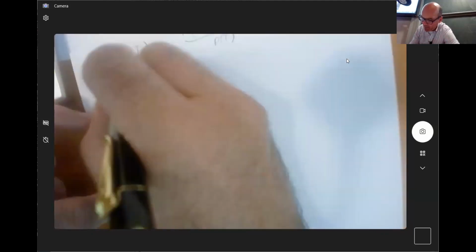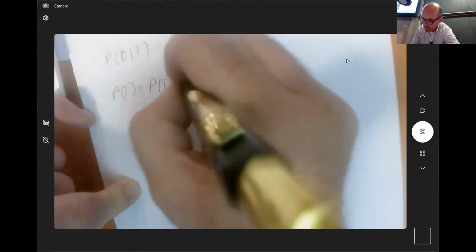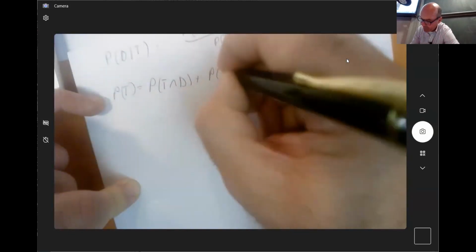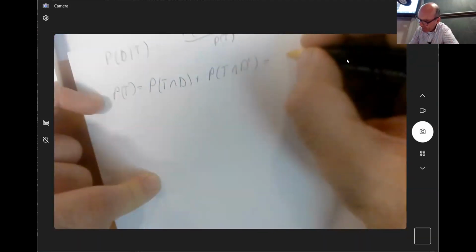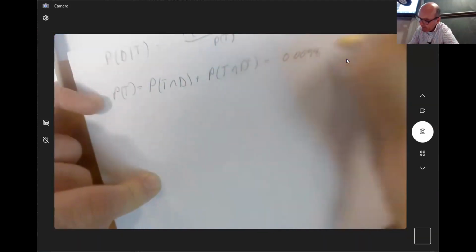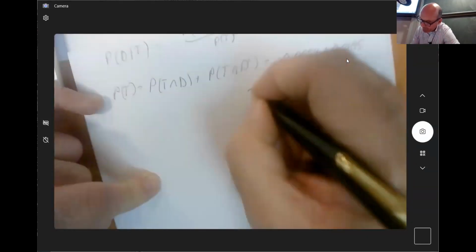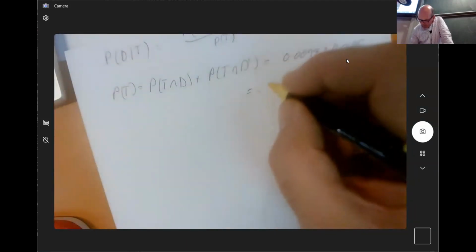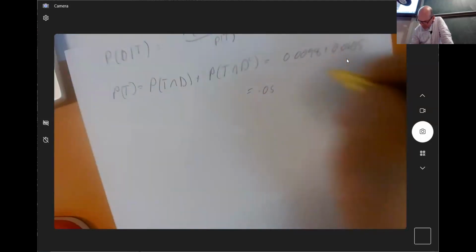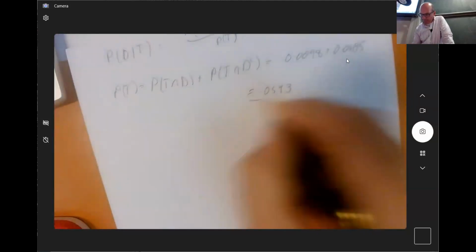When I add those two probabilities up, my probability of T is going to be the probability of T intersection D plus the probability of T intersection D complement, which is 0.0098 plus 0.0495, which would be 0.0593.